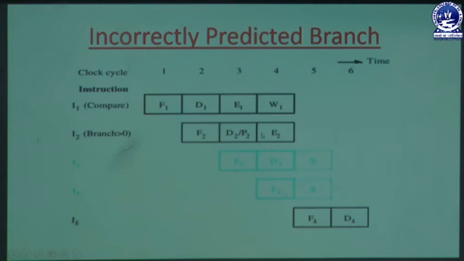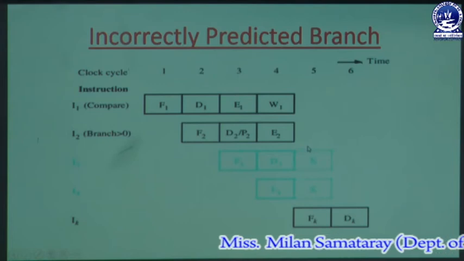That means we cannot execute the instructions in a sequential manner, or whatever instructions follow this branch instruction, their execution has to be stopped, halted or stalled, you can say, for some period of time or till the execution of the branch, because we predicted incorrectly that the branch is not taken. So, if an incorrectly predicted branch happens, then this will be the case.